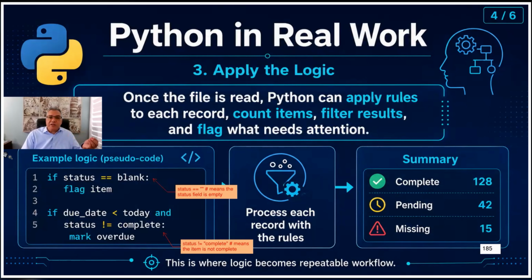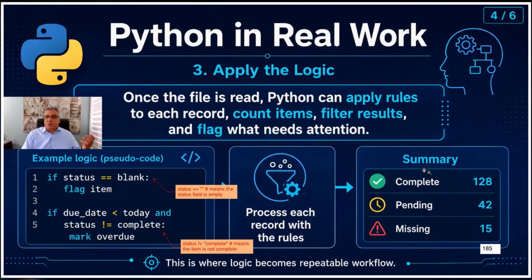So Python will take all of this information, analyze it for you and apply rules. Whatever rules, filters, and flags you want to give Python, it will apply them and give you the summary.